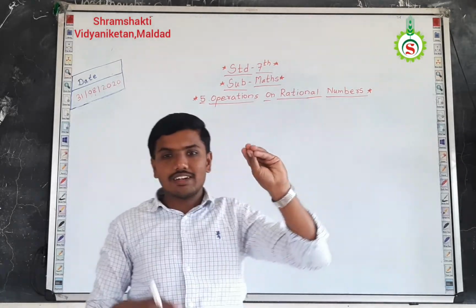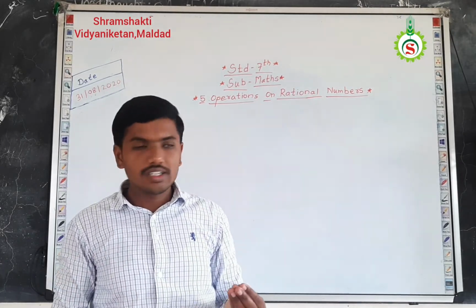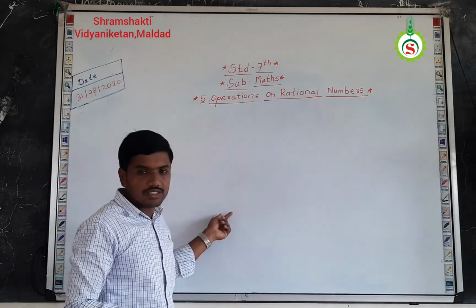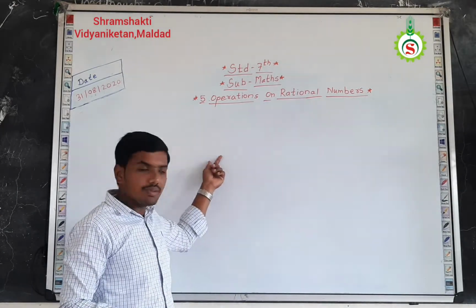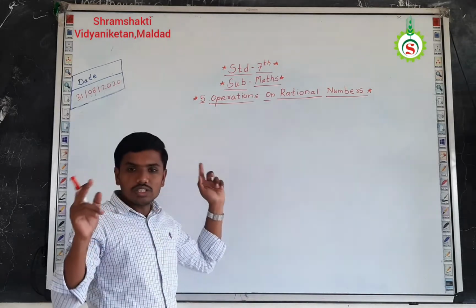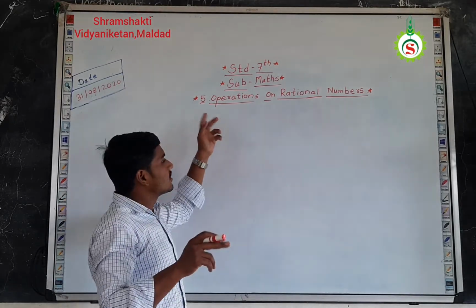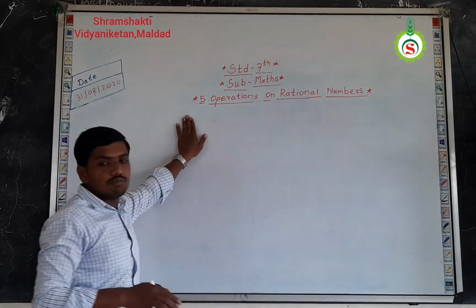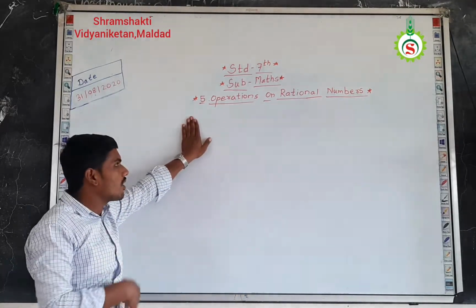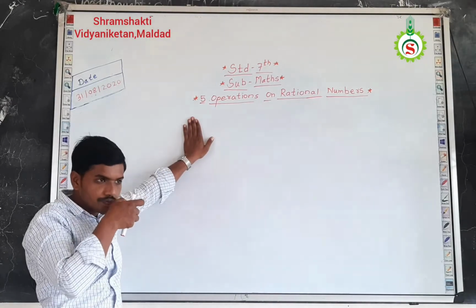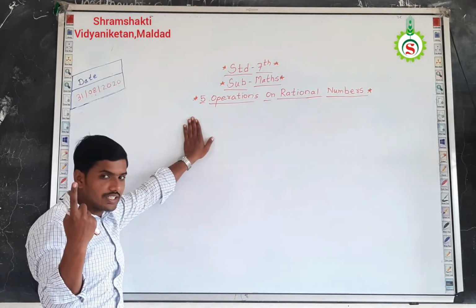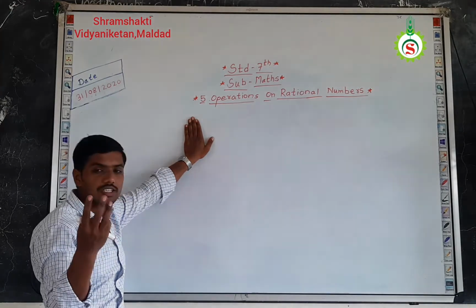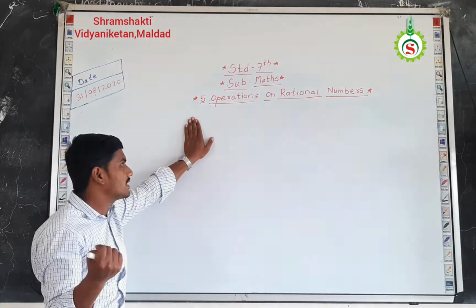We have seen what we mean by rational numbers: numbers that contain a numerator and a denominator, where the numerator may be positive or negative. We have seen four basic operations on rational numbers: addition, subtraction, multiplication, and division.